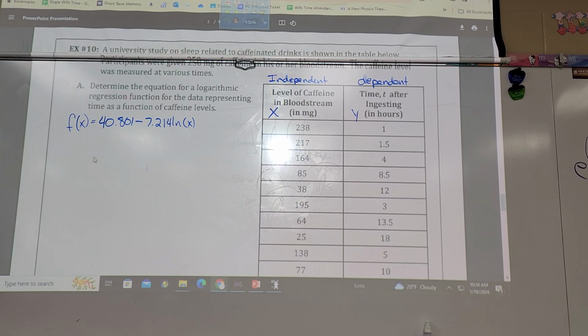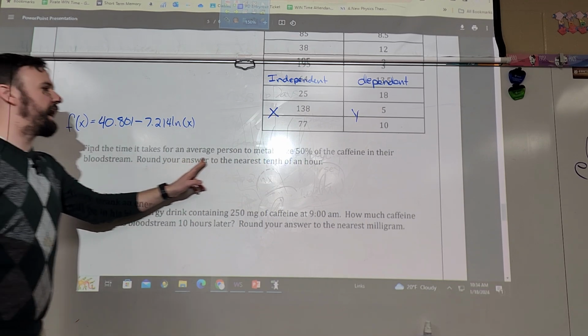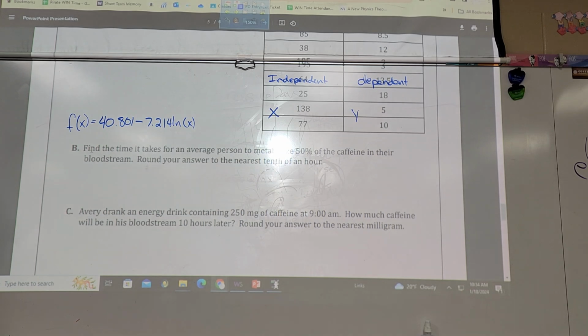All right. Let's answer these questions now. Find the time it takes for the average person to metabolize 50% of their caffeine in their bloodstream. How much caffeine are we starting with according to this equation? So what am I plugging into the equation?